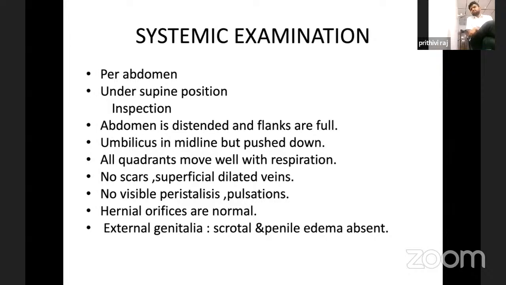In a supine position, the fluid will collect all over the flanks and in the lower abdomen. It will be an H shape. You know that H shape? So it will be collected in a downward position and in the flanks. It is not going to be in the upward region. If there is no upward fluid, then in what way will the umbilicus get pushed down?